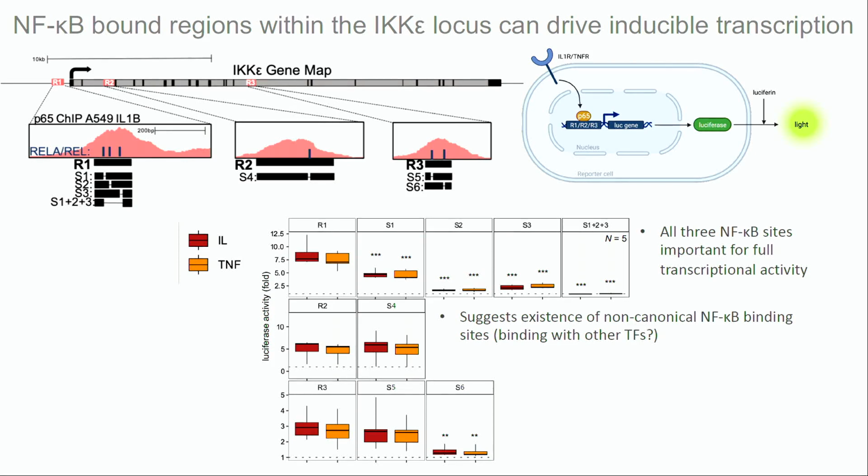In the R3 region, compared to the wild type, when I deleted the S5 region, we didn't see any effect on induction, except that the S6 region did have a significant effect. This was nice because it confirmed that the necessity of NF-κB binding sites correlated well with the JASPAR binding scores, because S5 had a very weak NF-κB binding score and didn't look like a canonical NF-κB site, whereas S6 was a stronger site, so it checks out.